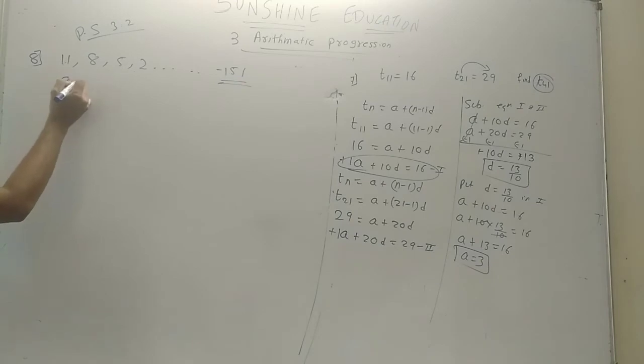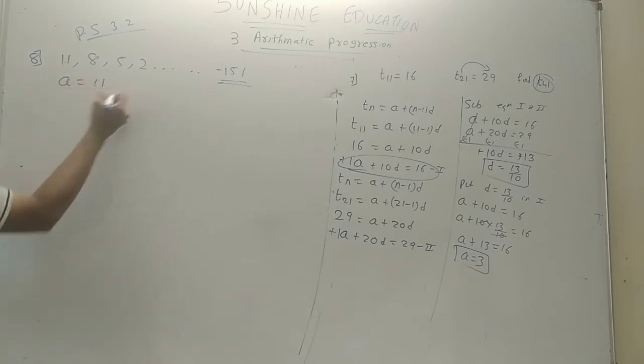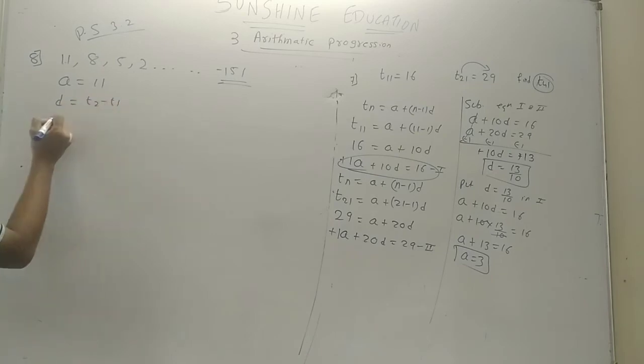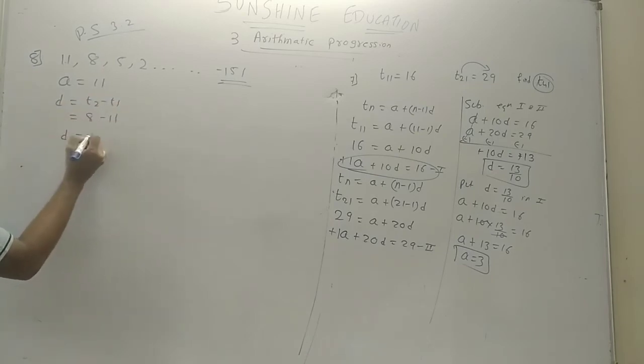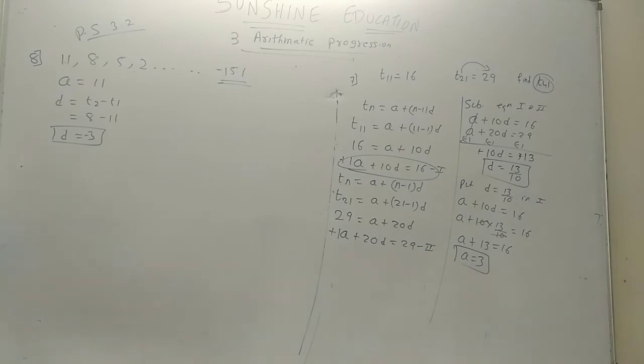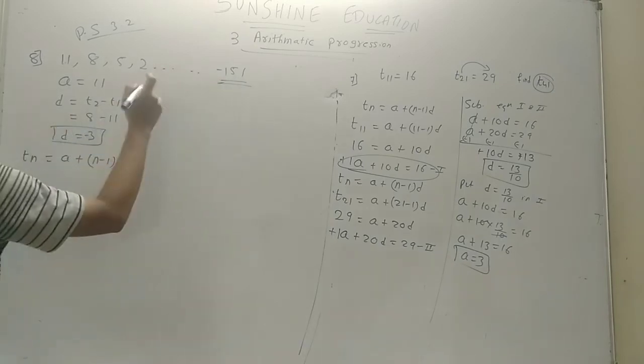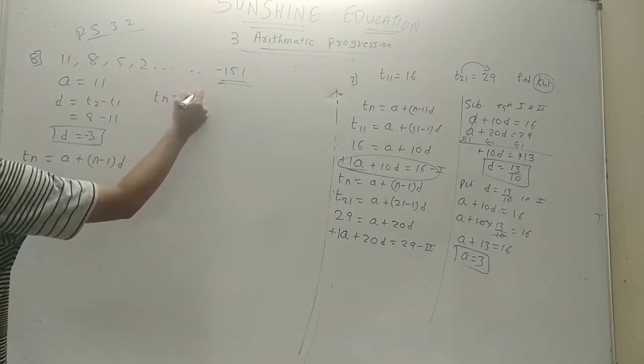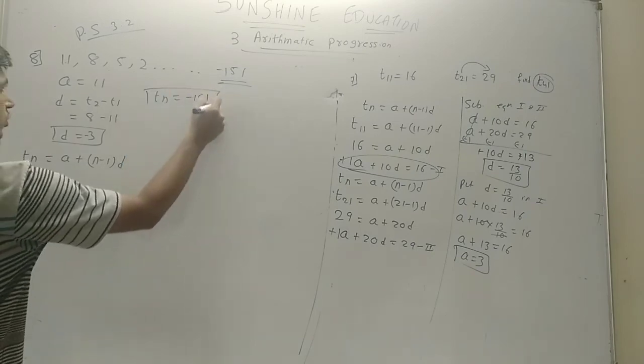So we have a is equal to 11, and we can easily get d is equal to T2 minus T1, that is 8 minus 11. So d is equal to minus 3. Now which term? Same, old wine in new bottle. So you will use the formula Tn is equal to a plus n minus 1 d. We know that this is the last term, so it is minus 151, because we don't know its position.